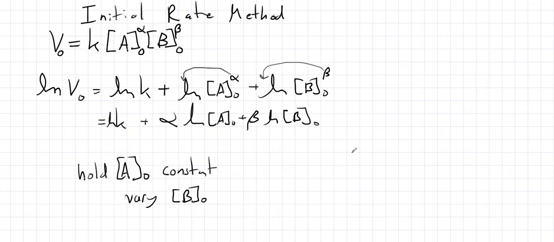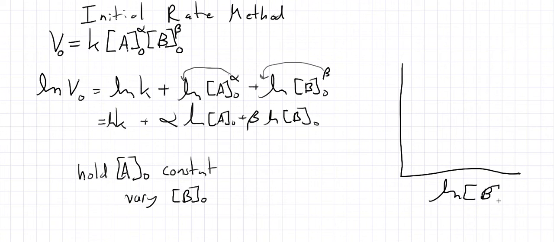Let's plot the log of B naught, since the initial concentration of B is what we're varying, as our x. And on this axis, we'll plot the log of the initial rate as our y. Well, that'll be a straight line if everything else is constant.